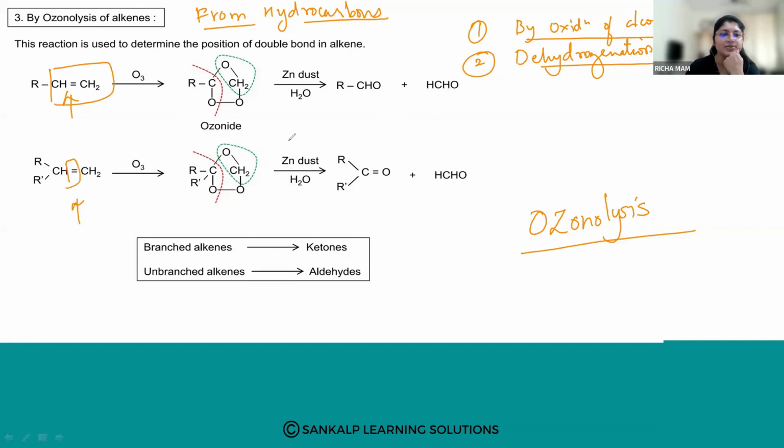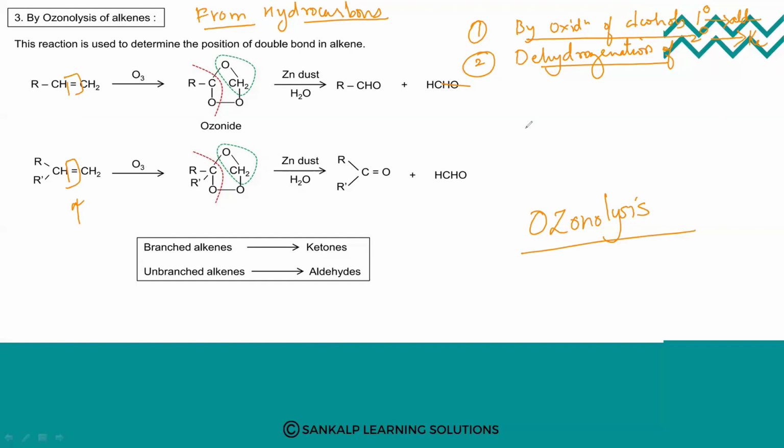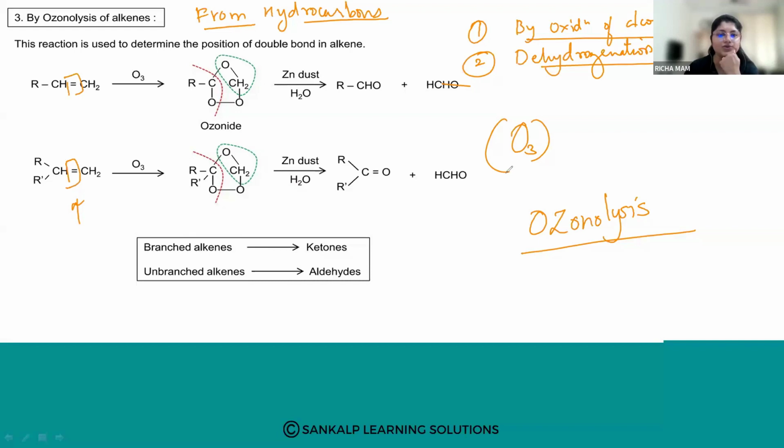What is the formula of ozone? O3. So we are going to add a molecule of O3 across the double bond.